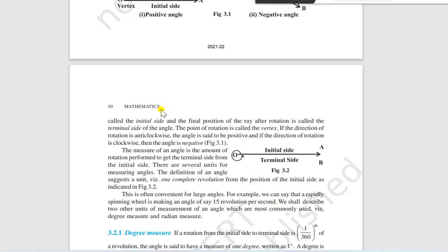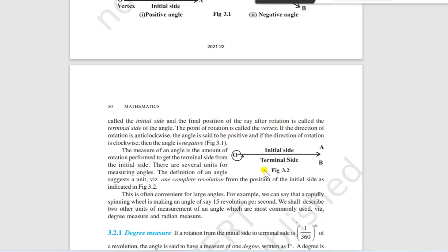What they're telling in this paragraph is that if the terminal side and the initial side are the same, the ray makes a full angle, a complete angle, which is 360 degrees.